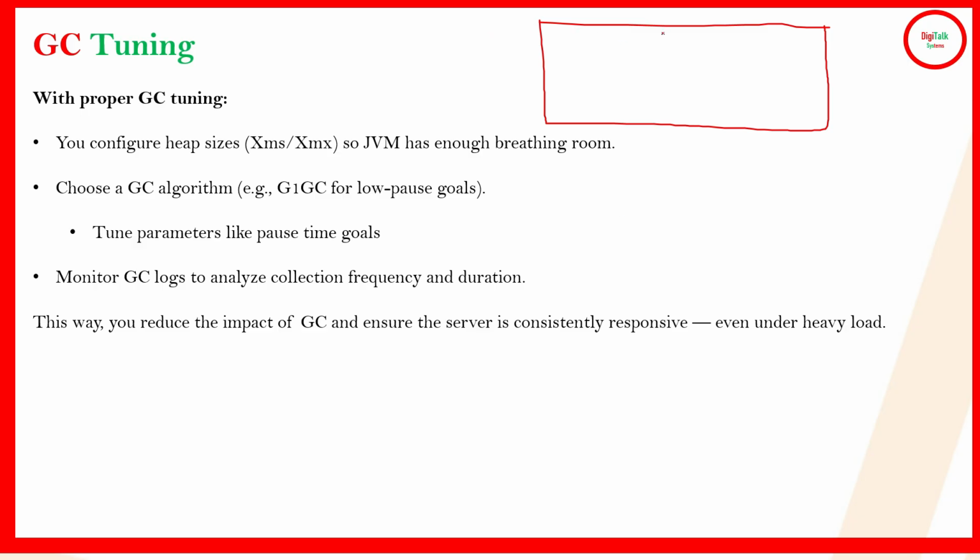Suppose this is your heap, which we have allocated 5 GB. Then we have two major partitions of the heap: the young generation and the old generation.